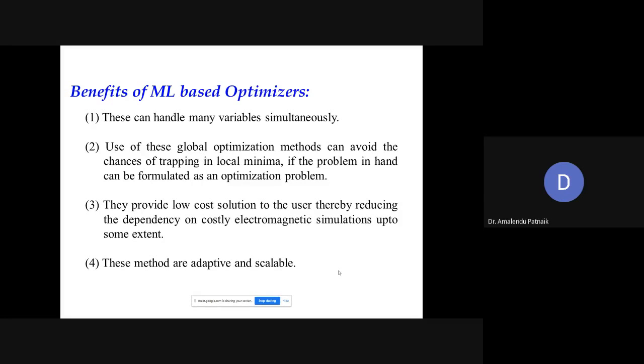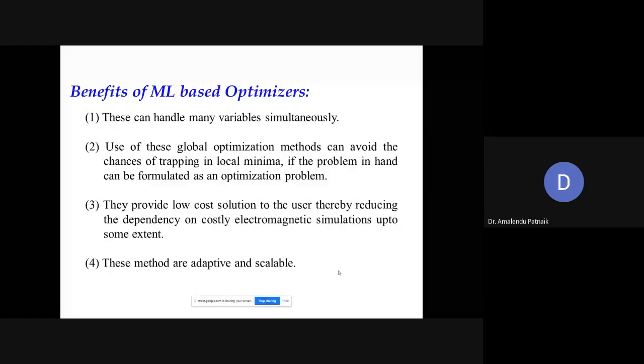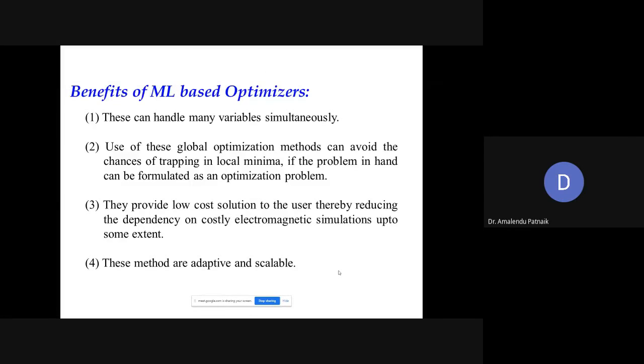In fact, ideally, they can handle any number of variables, whatever the number of variables required in solving a particular problem. Use of these global optimization methods can avoid the chances of trapping in local minima if the problem in hand can be formulated as an optimization problem.